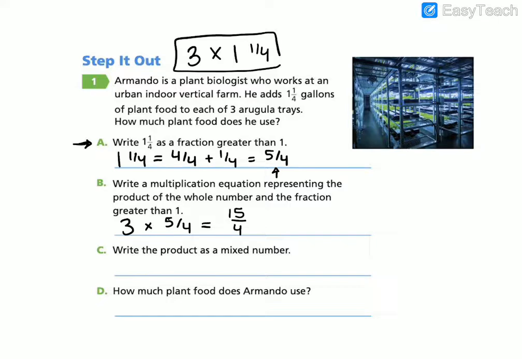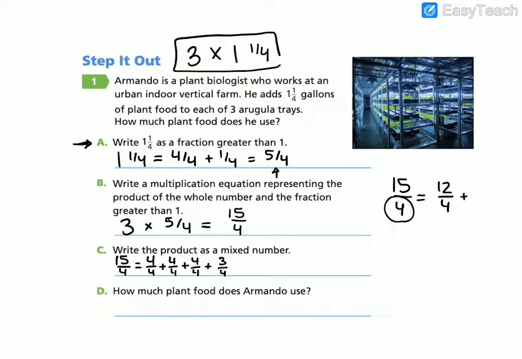15/4. Now letter C asks us to write this product as a mixed number. I know that 15/4 is equal to 3 groups of 4/4 plus 3 more fourths, right? And why do I know that? I'm going to show you this in another way. So 15/4, I'm going to think about a multiple of 4 that's close to 15. It's really close to 12, right?